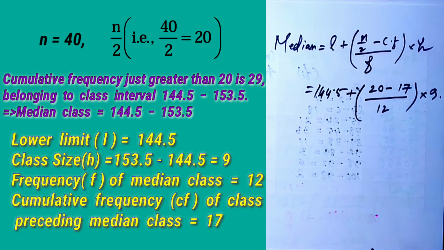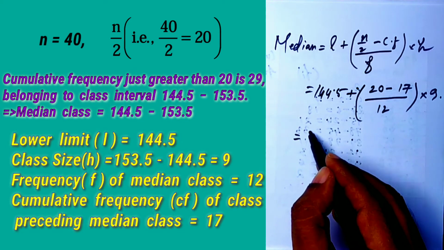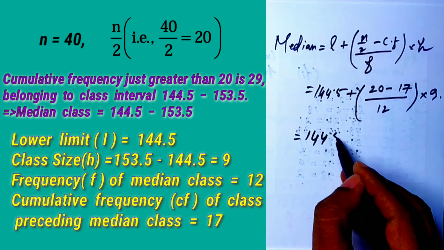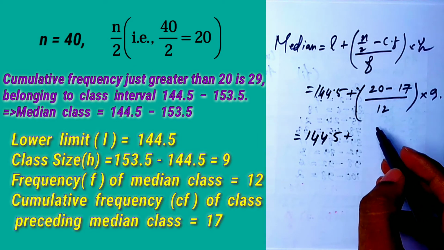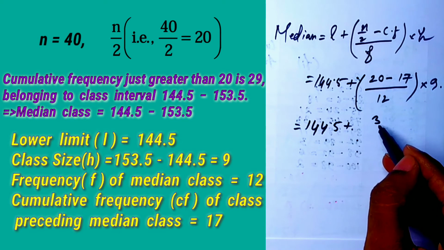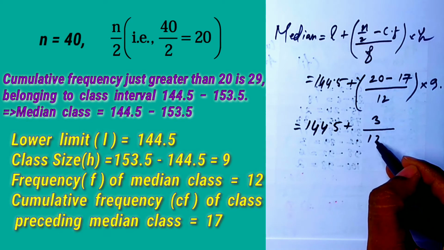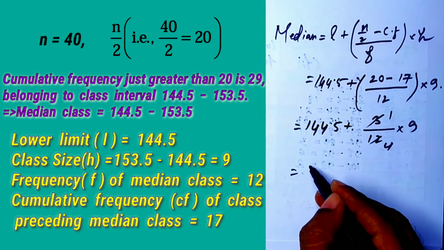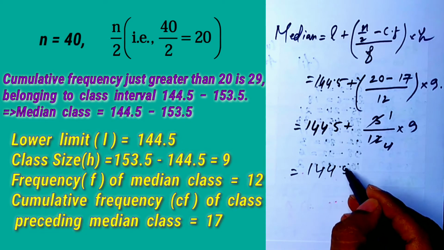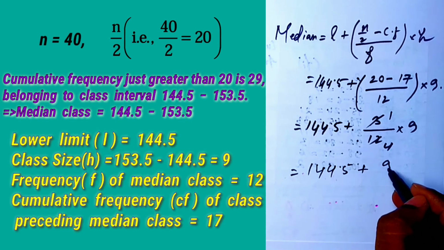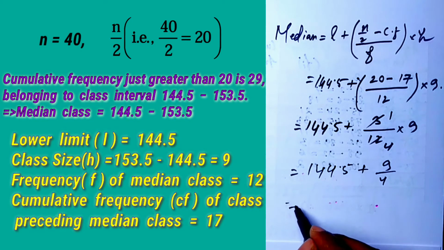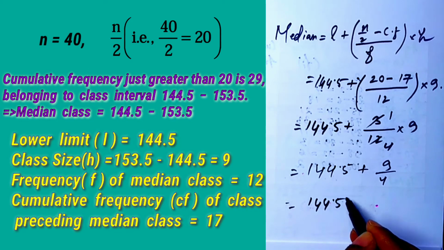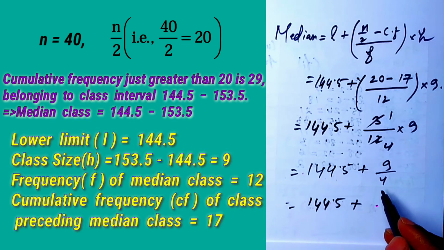So we substitute the values and we get 144.5 plus (20 minus 17) divided by 12, times 9. So 3 divided by 12 is 1 by 4, equal to 144.5 plus 9 by 4, which after dividing is 2.25.